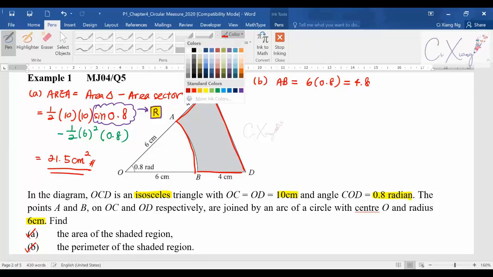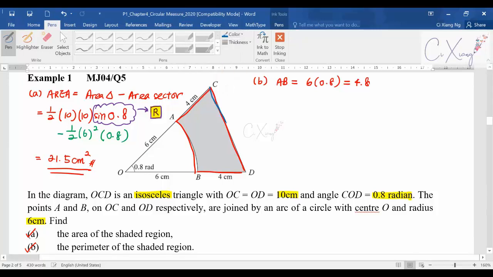Okay, so to find the length of CD, you can refer to the whole triangle here. You have the length for two sides and also one angle. So maybe the suitable formula that you can use is the cosine rule. So what's the cosine rule here? It should be CD squared equals 10 squared plus 10 squared minus 2(10)(10) cos 0.8.